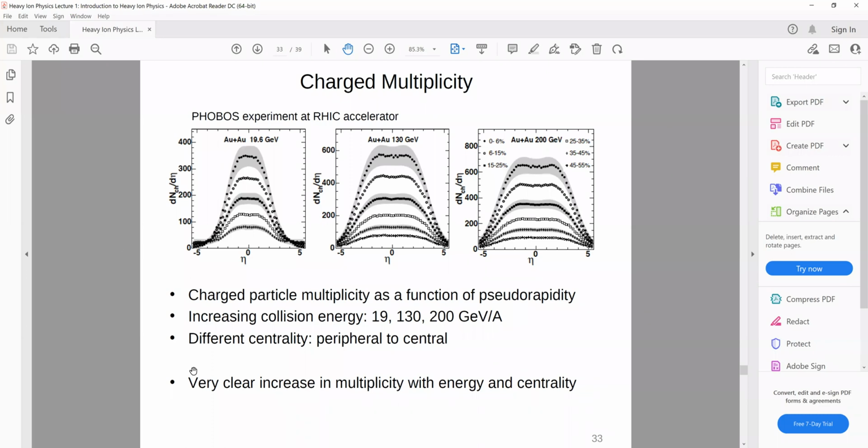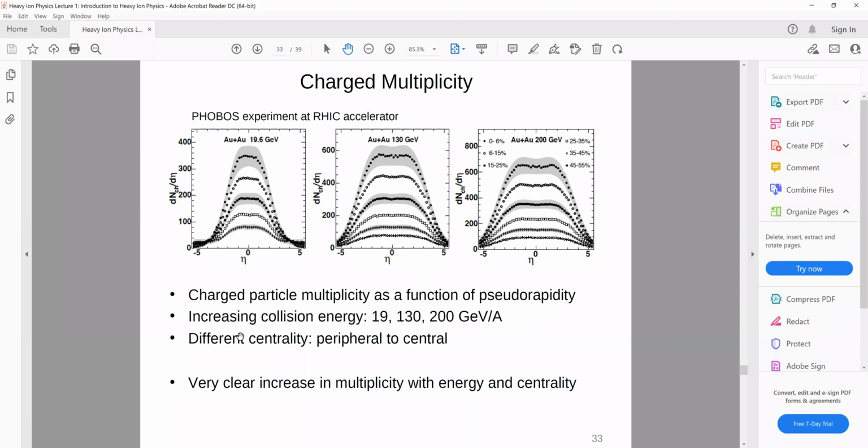This has been measured at RHIC by the PHOBOS experiment at different center-of-mass energies: 19.6 GeV, 130 GeV and 200 GeV. These lines are different centrality classes. This is the top centrality, which is 0 to 6%, that is, the most central collision, and these are the least central, or more peripheral, collisions of the measured centrality classes. We have plotted the charged particle multiplicity as a function of rapidity.